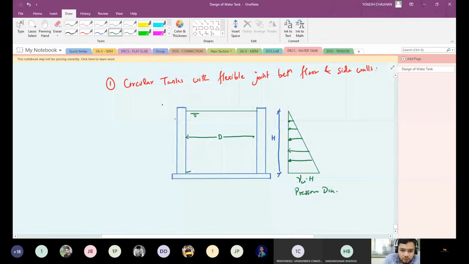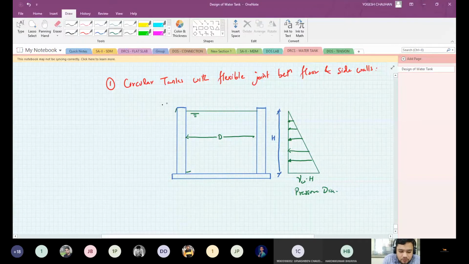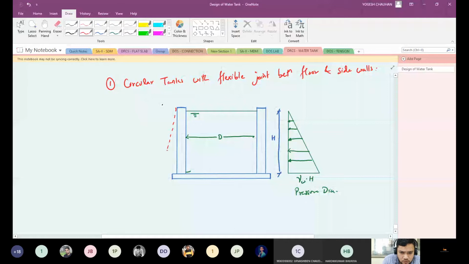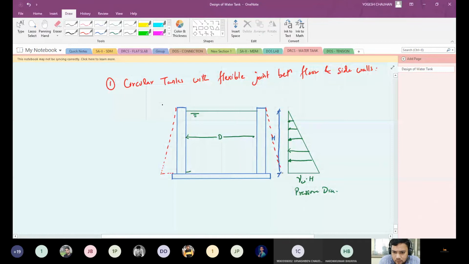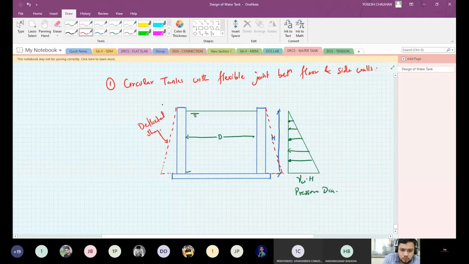And if you see the deflected shape of this flexible type of tank, it will be like this. This is the deflected shape, and this is a pressure diagram.